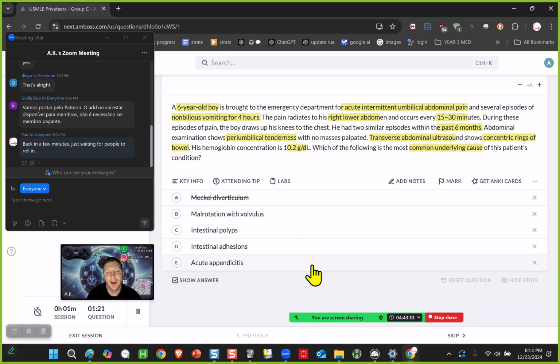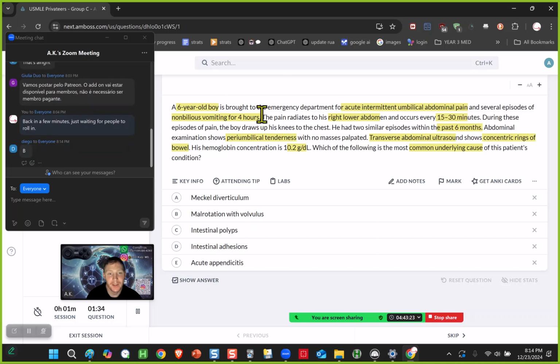So, underlying cause. What do you guys think? They're not asking what caused this patient's specific symptom. Yeah, malrotation with volvulus. Okay. Why do you say that, Diego? I'm sorry to put you on the spot. I'm punishing you for participating, but it's okay.